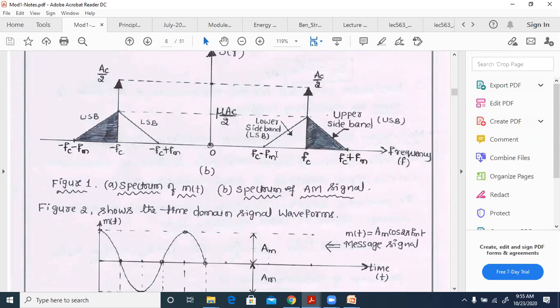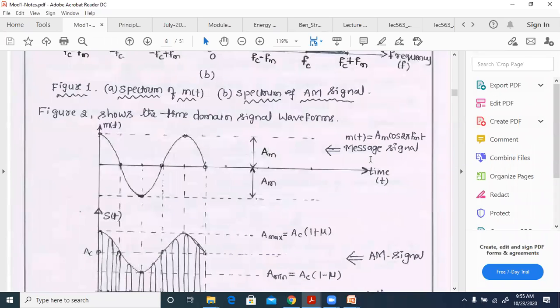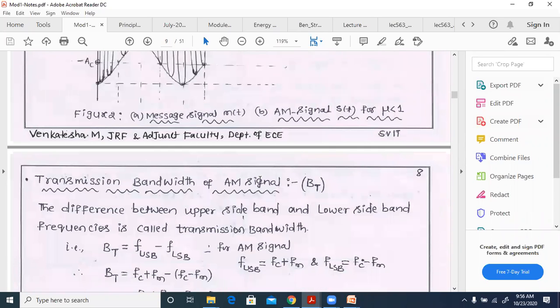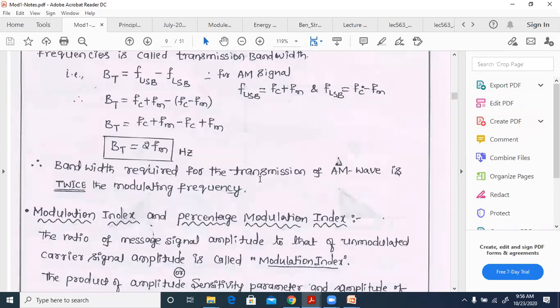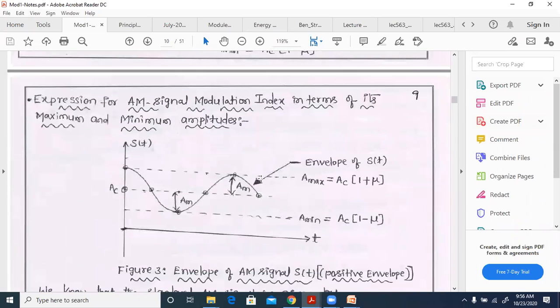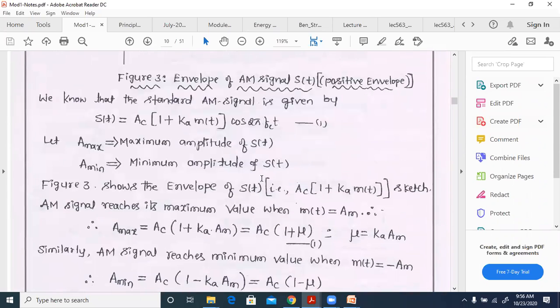For single tone, it will become one lower sideband and one upper sideband. That's all. So this will be the envelope waveform for single tone. I think you can try to write that. That's not a big issue for single tone.